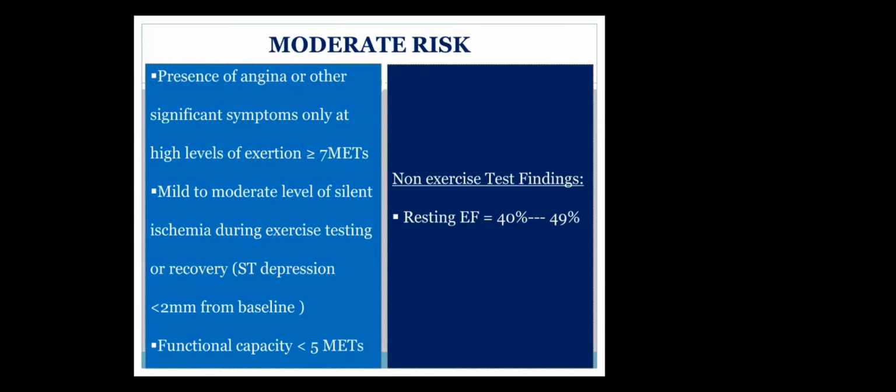There can be mild to moderate level of silent ischemia during exercise testing or recovery, but ST depression is less than 2 millimeters from the baseline, and functional capacity of the individual is less than 5 minutes. This capacity, again, you will come to know after the stress testing is done. Non-exercise test findings is a resting EF of 40 to 49% for moderate risk.